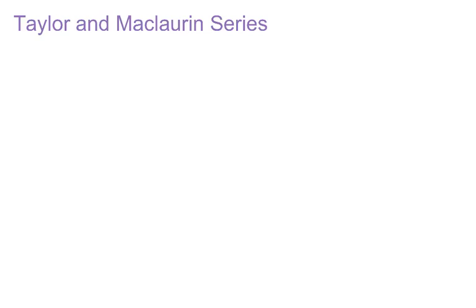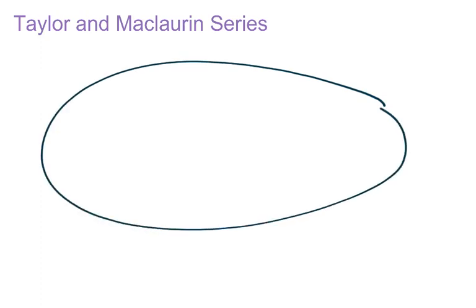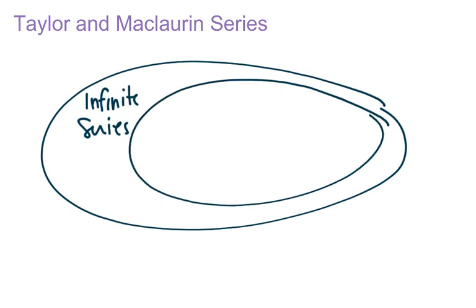So now we're going to talk about some special series, Taylor and Maclaurin series. We have been discussing quite a bit of infinite series, and we recently finished talking about power series.